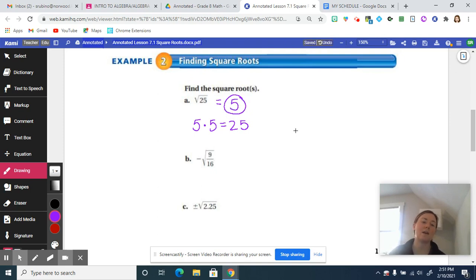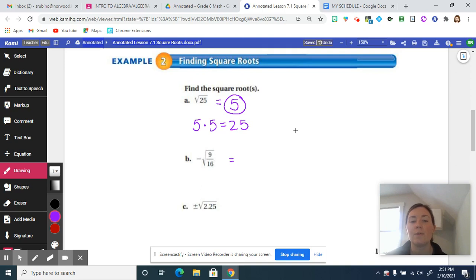In the next example, we have a fraction under our radical sign, and we have a negative sign in front. So we're looking for a negative solution to this problem. Now the square root of 9/16.